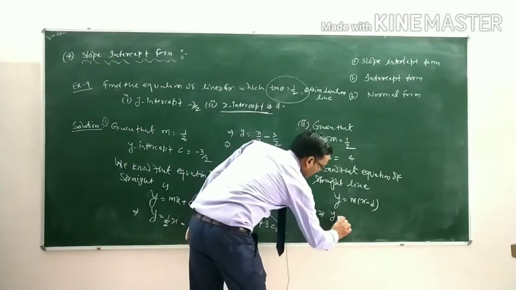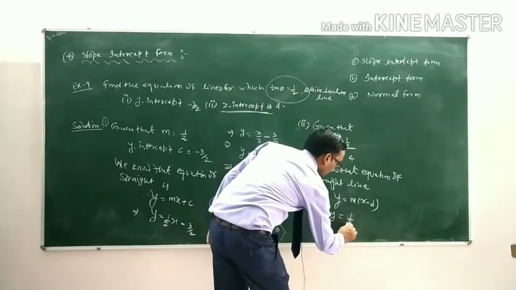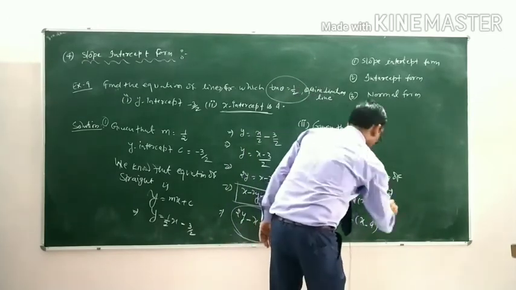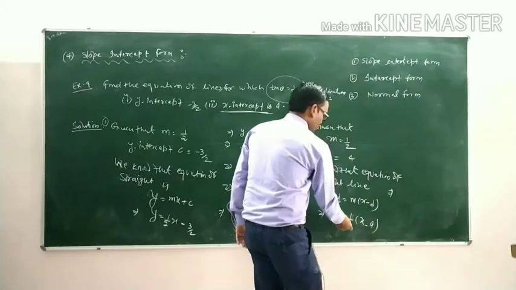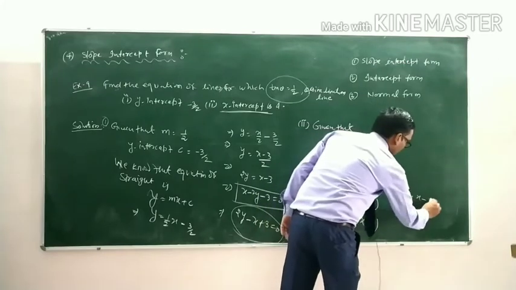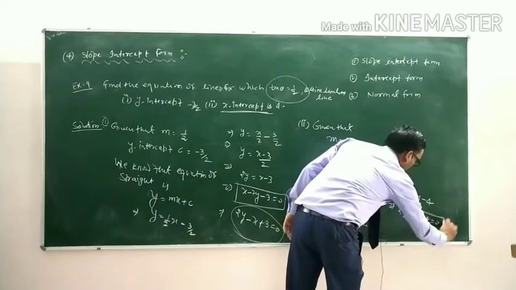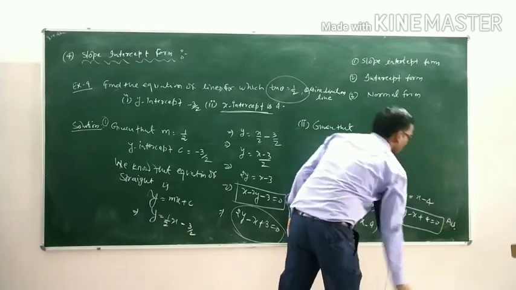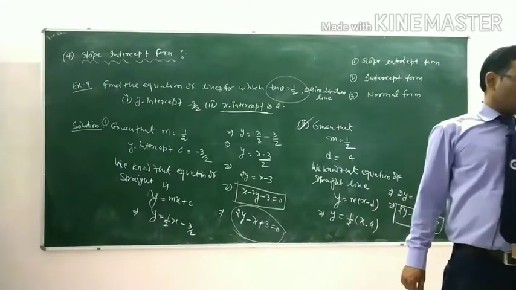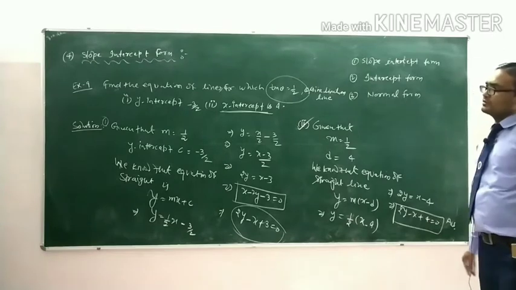Put the value of m and d. Y equal to m, what is the value of m? M is 1 by 2, and x, what is the value of d? 4. This implies that, transferring to the left hand side, 2y equal to x minus 4. This implies that 2y minus x plus 4 equal to 0, which is the answer of the second part. Okay students, 2y minus x plus 4 equal to 0.